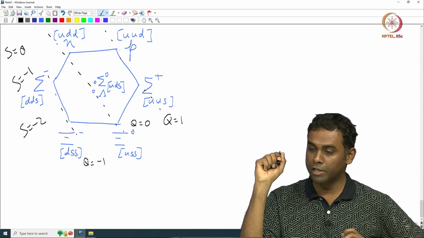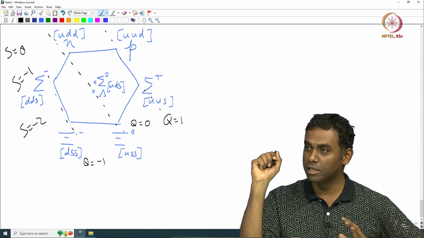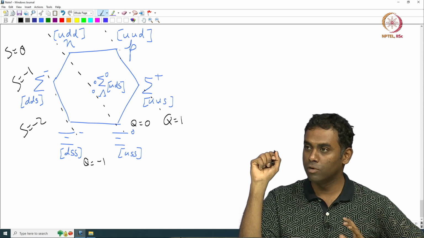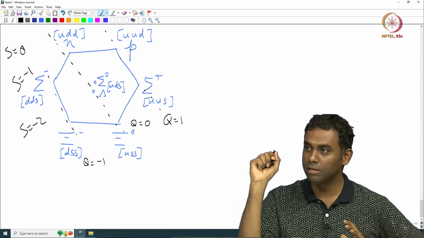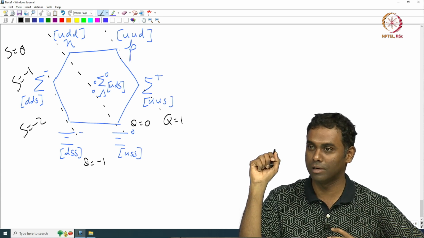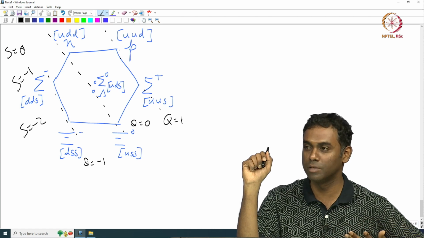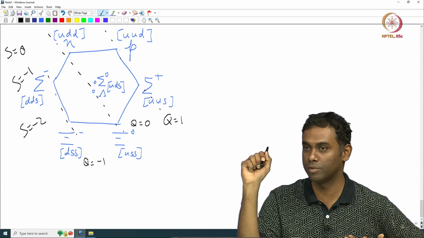So, they all fit into a nice pattern, and just by drawing these diagrams, Gell-Mann was able to predict the masses of new hadrons that were not discovered yet. So, this is another very neat use of the symmetry principle.